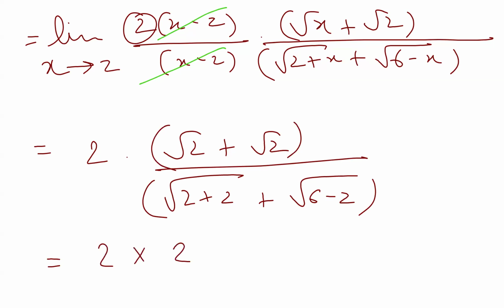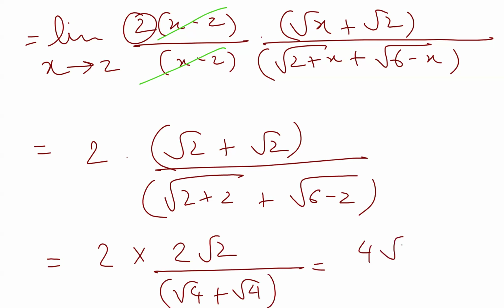So root 2 plus root 2 is 2 root 2, and down it will be root 4 plus root 4, right? Take the positive roots. 2 into 2 root 2 is 4 root 2 upon 2 root 4. Or simply you can write it as root 4 is 2, root 4 is 2, 2 plus 2 is 4.